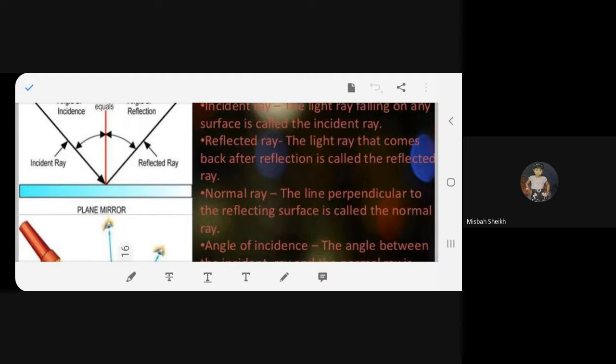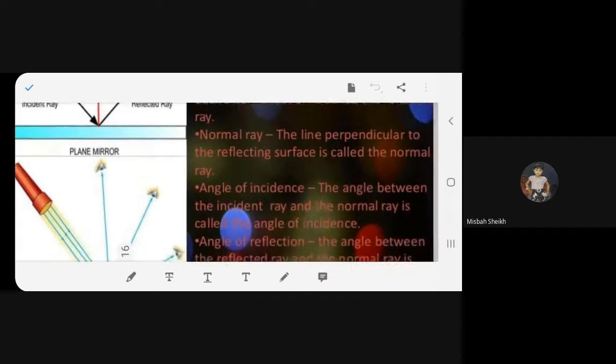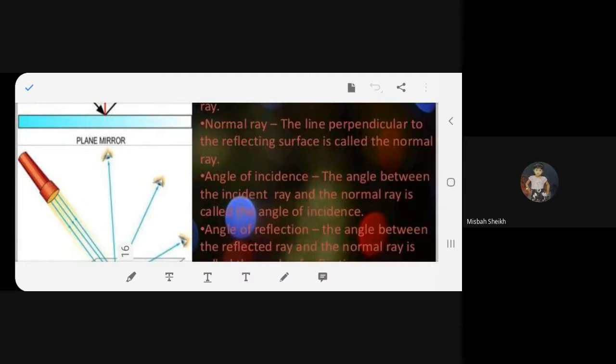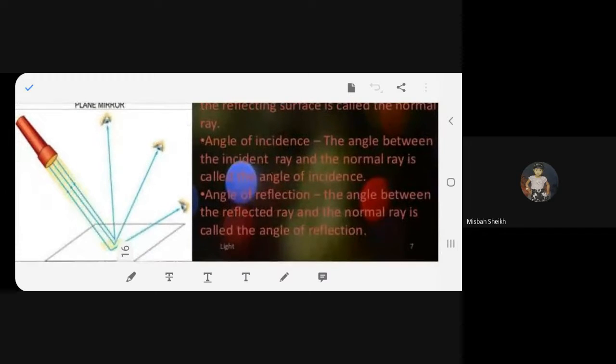Normal ray: the line perpendicular to the reflecting surface is called the normal ray. Angle of incidence: the angle between the incident ray and the normal ray. Angle of reflection: the angle between the reflected ray and the normal ray.